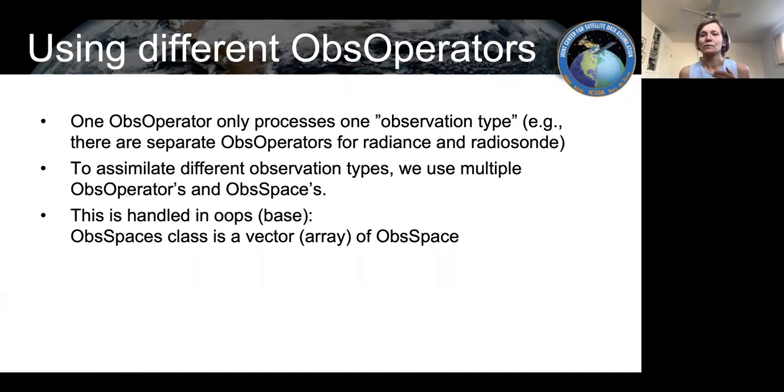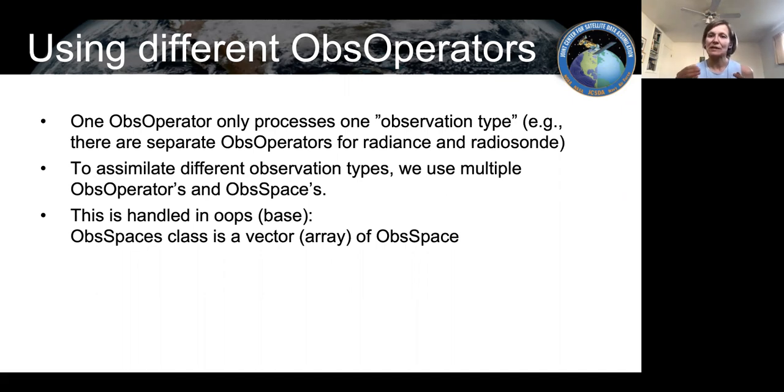And I also want to read this file with MSU-A radiances, and I want to run CRTM to emulate what the model thinks the radiances are. So the way this is handled is it's handled on the OOPS level.